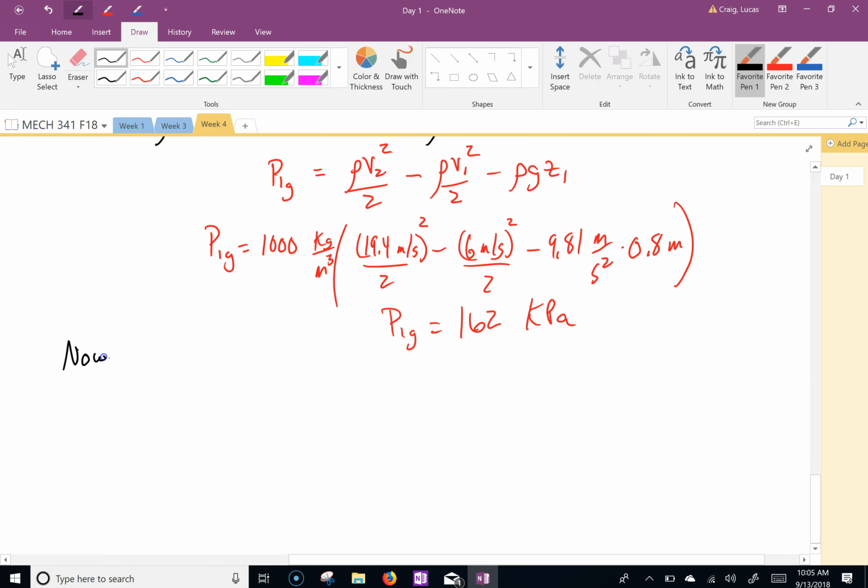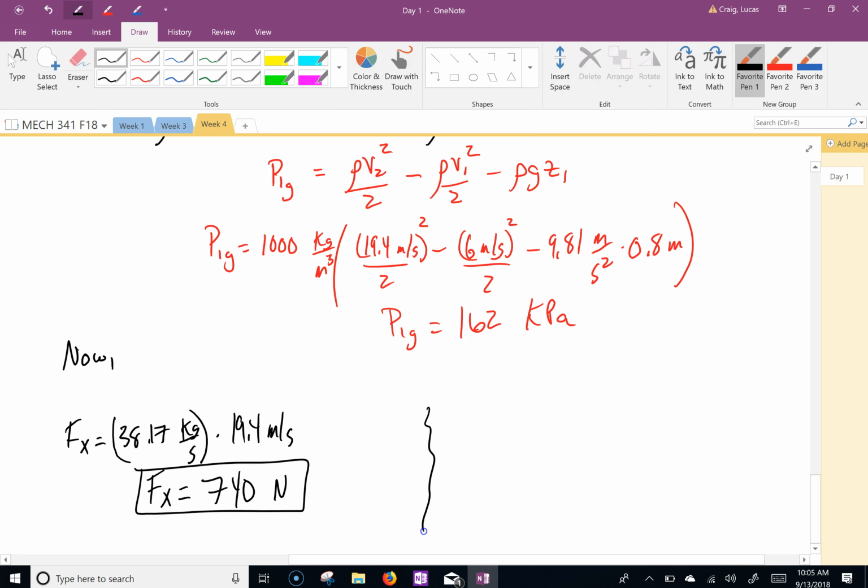So now f of x equals 38.17 kilograms per second times 19.4 meters per second. Get 740 newtons.